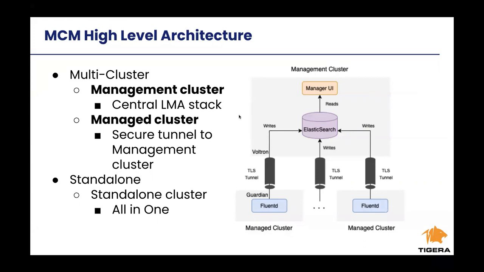And this makes it really easy if you have managed clusters that are behind firewalls or separated across different environments. Maybe you have a managed cluster for every cloud environment. You've got one in AWS, one in Google, one in Microsoft Azure, and your management cluster is on-prem.